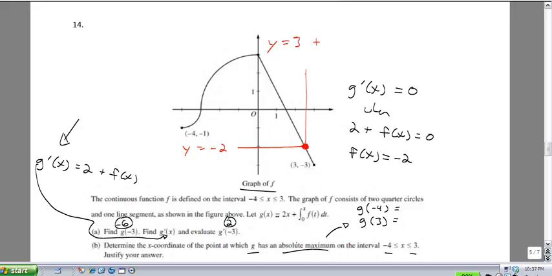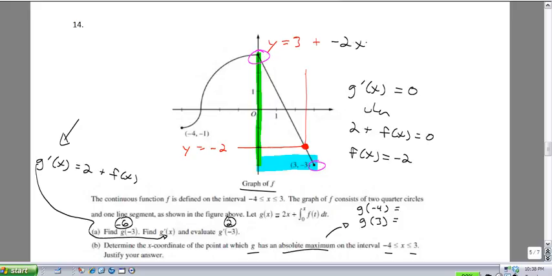If I do rise over run, I rise down 1, 2, 3, 4, 5, 6, and I run over 1, 2, 3. I'm just linking that point and that point. So down 6 over 3, that's a slope of negative 2.